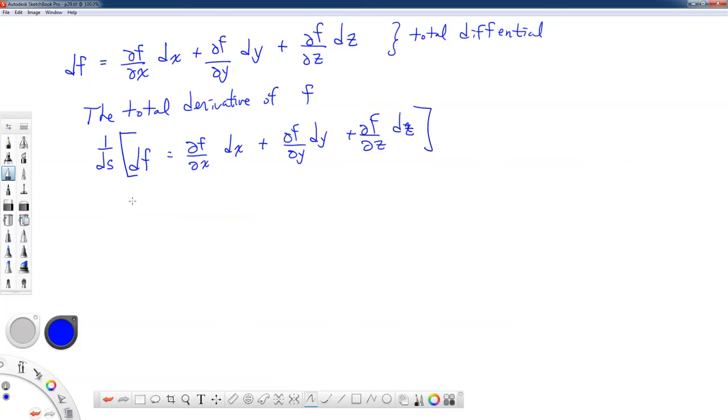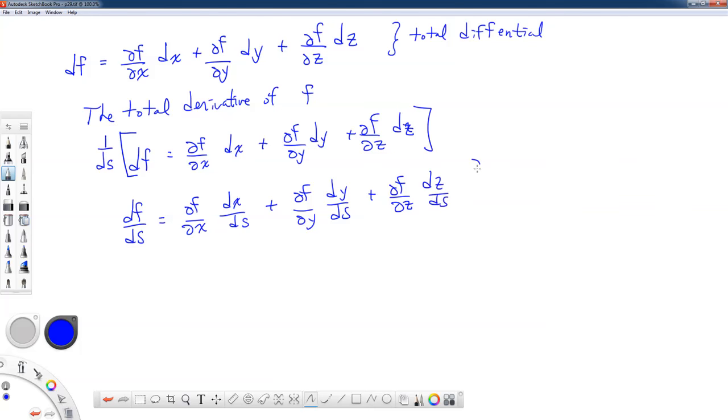Okay, so we can have df by ds is the partial derivative of f with respect to x, dx by ds, plus the partial derivative of f with respect to y, dy by ds, plus the partial derivative of f with respect to z, dz by ds. Okay, and so this is called the total derivative of that function.